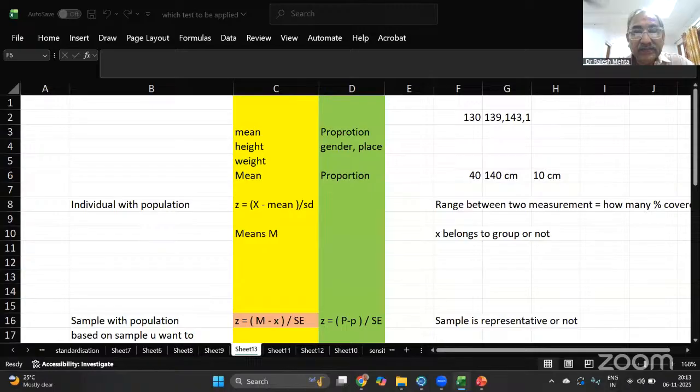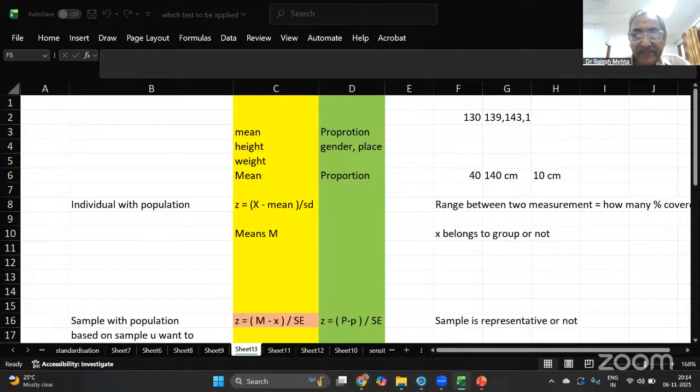For that, you need to find out Z value. Z is equal to, if you take 140, then X minus mean divided by standard deviation, that is Z. Very simple. So in this case, Z is equal to 140 minus 140 divided by SD is equal to 0.